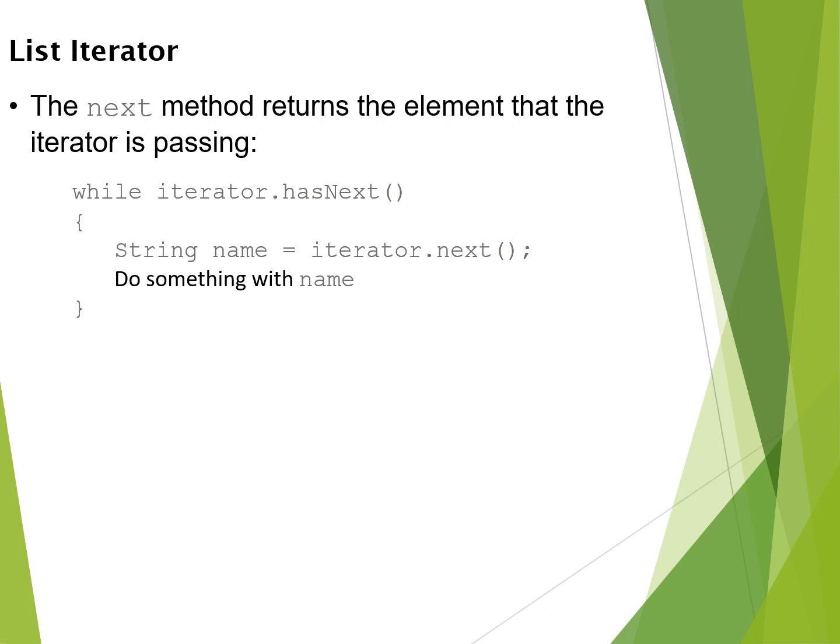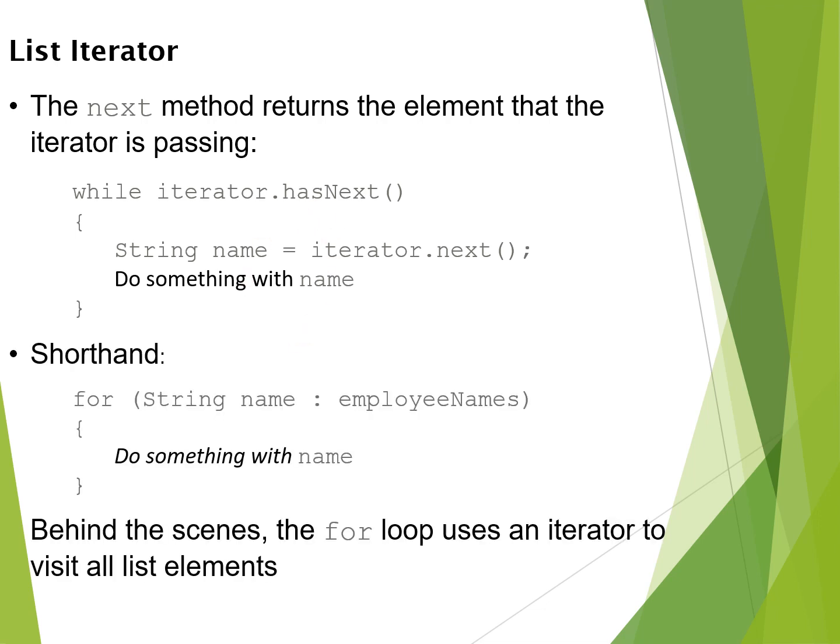But there's a short form for this while loop. You can use a for loop like this. This for loop basically does the exact same operation that we have seen before, but it is easier to write and easier to remember.